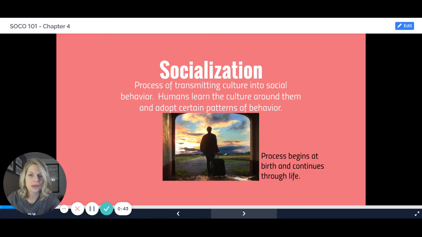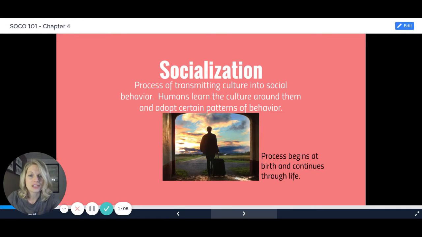When you're born as a baby, you have certain impulses that are involuntary that you can't control, hunger, tiredness, things like that. But most of the things that we know and that we learn throughout life, we acquire through the process of socialization.